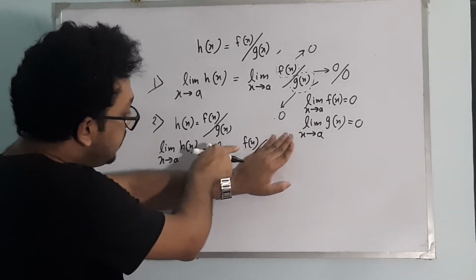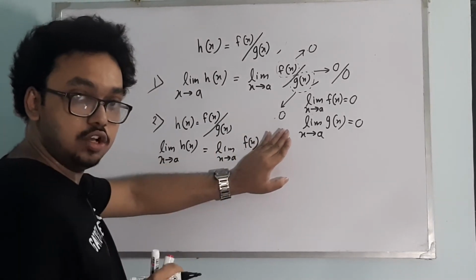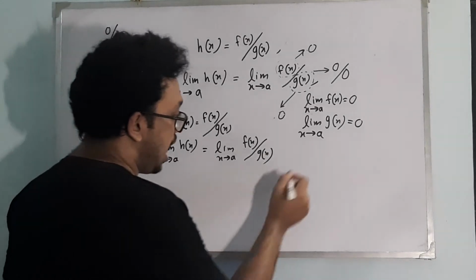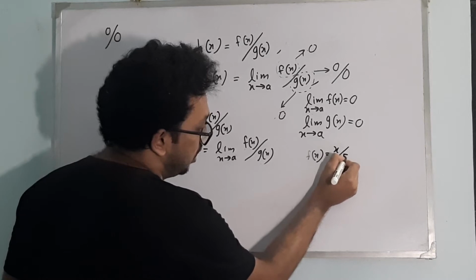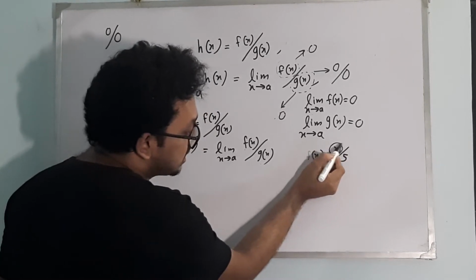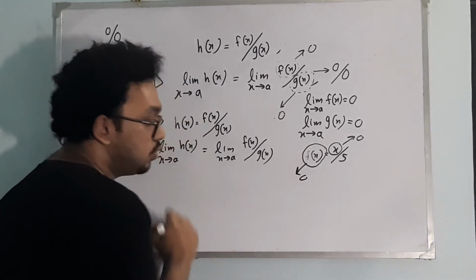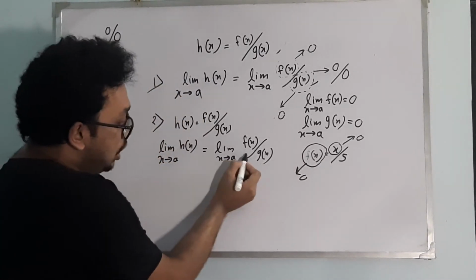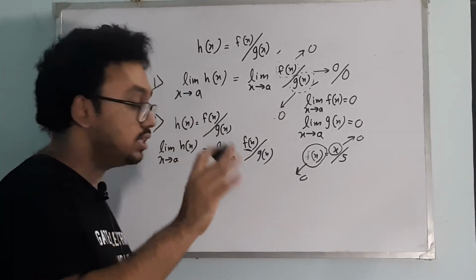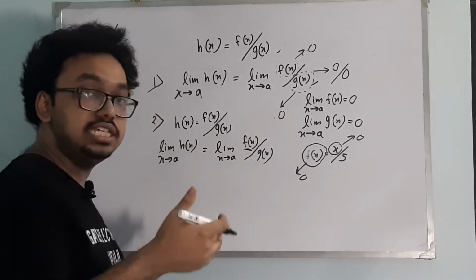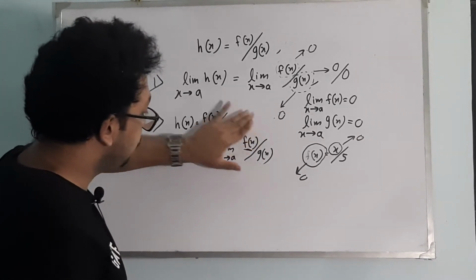If the numerator f(x) tends towards 0, this will try to make the fraction 0. If you have a function, suppose f(x) equal to x by 5, if this numerator x tends towards 0, then this whole function f(x) will also tend towards 0. So if the numerator f(x) tends towards 0, it will try to make the whole fraction f(x) by g(x) tend to 0. Now forget the numerator f(x).